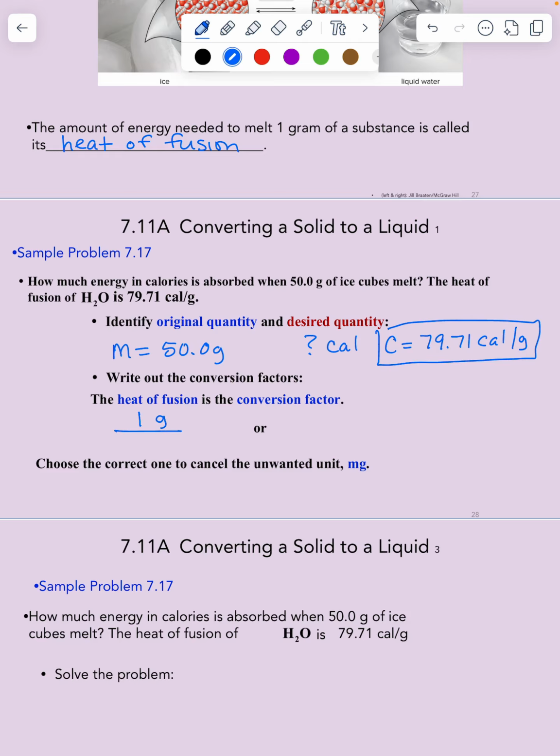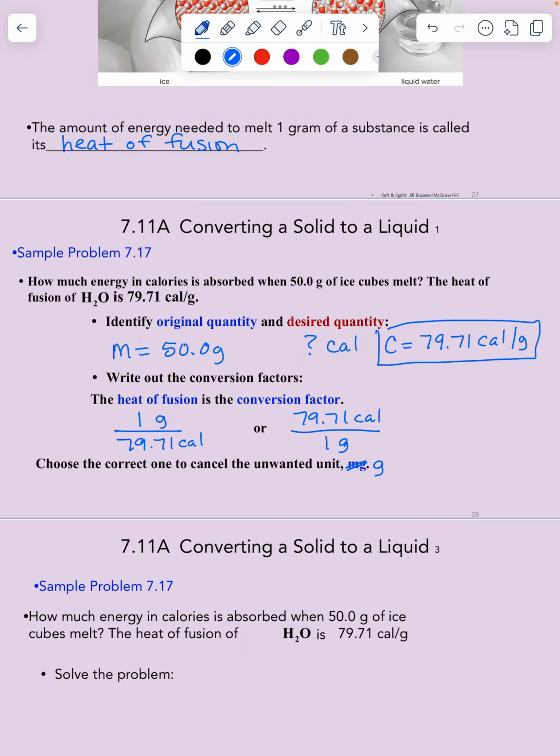I think there's a typo here. It says cancel the unwanted unit milligram, but we're not given milligrams, so just mark that out and put gram. If we want to cancel out gram, we want to choose the conversion factor that has gram on the bottom, as you'll remember from our previous work with conversion factors. And then we would just solve the problem.